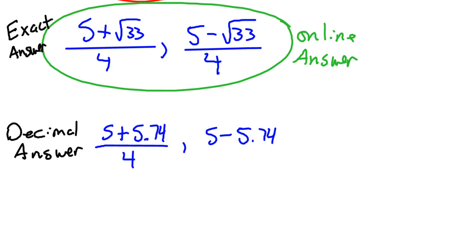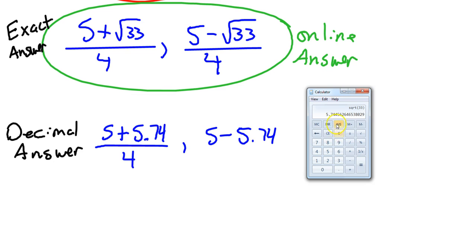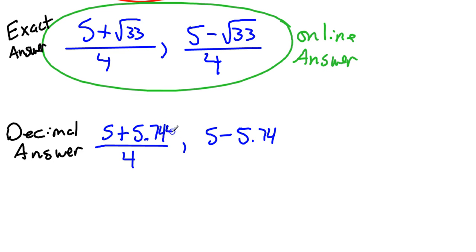Now, I guess technically on these, you're supposed to go out more decimal places, so let's go 5.74456. Because we have to round the final answer off to 2 decimal places. So in the meantime, go ahead and use 2 more spaces than what you need, because if not, you may get a small round off error.